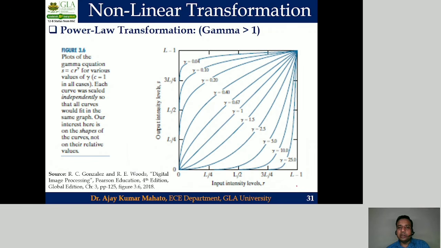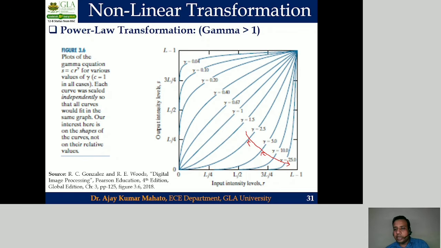Another trend that we can observe in this transformation characteristics: consider the transformation curve of gamma equal to 2.5, gamma equal to 5.0, and so on. As the gamma value increases, this curve is shifting in this direction, representing that we are expanding our bright region more and more.